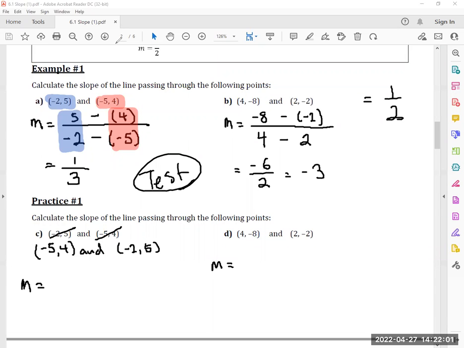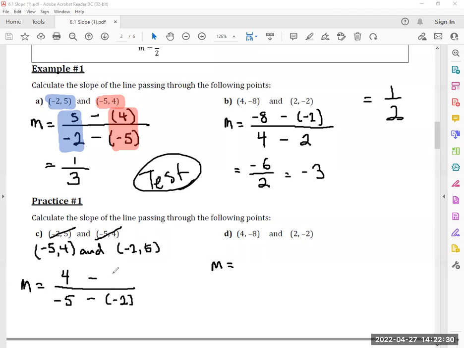As you can see, this formula is very mechanical. It's just plugging in numbers and pressing an equal sign, which means there's a lot of room for carelessness. Please be careful that you don't make mistakes plugging in numbers. And this is why I'm trying to take my time with it. Write your m, write your equals, draw a long line. X is on the bottom, Y is on the top, minus, minus.